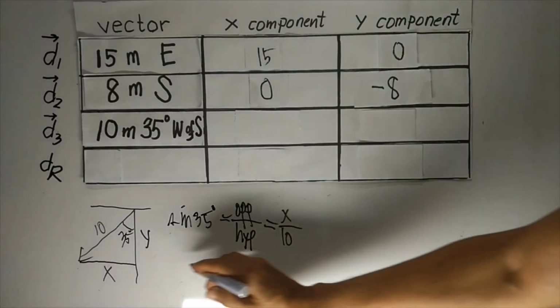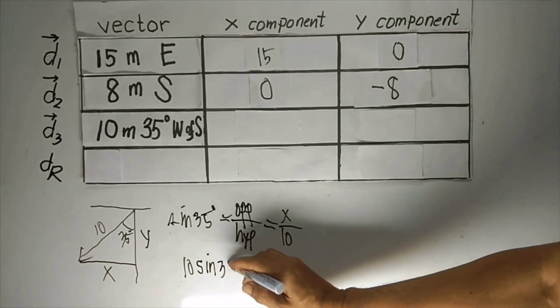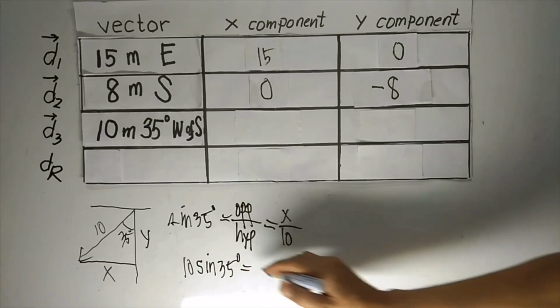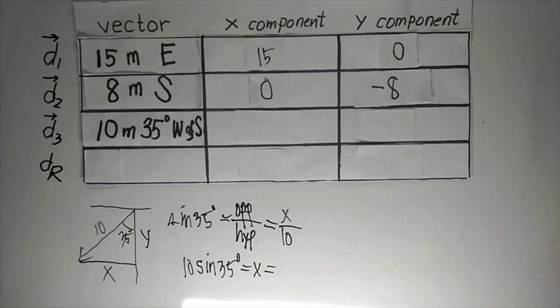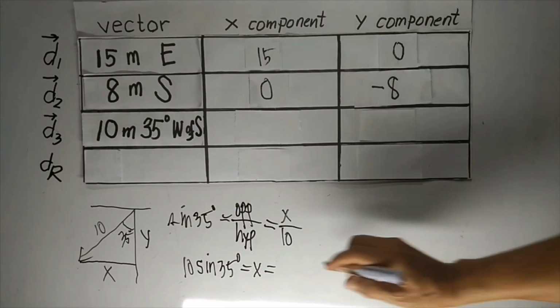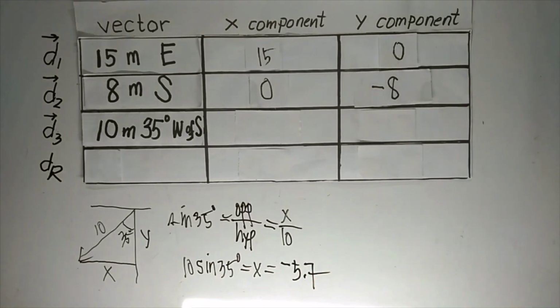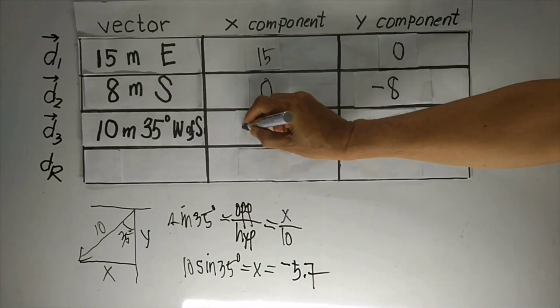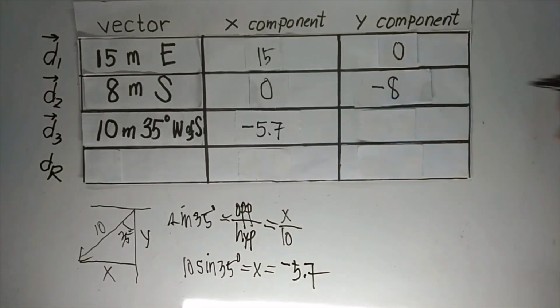Simplifying, 10 times sine 35 is equal to x. Using your calculator, 10 times sine 35 degrees will give us a value of negative 5.7. Let's proceed to the y component.